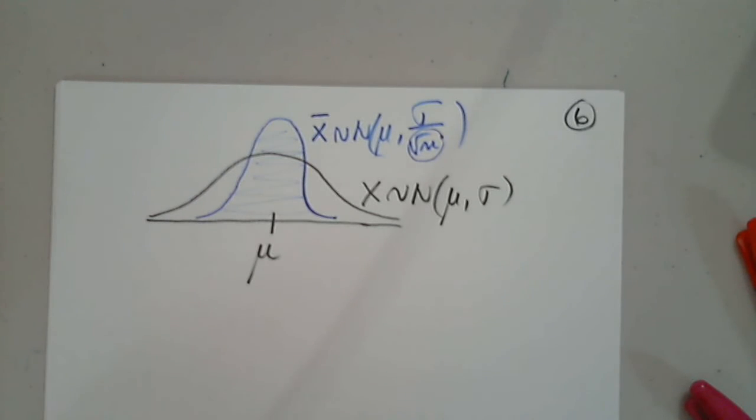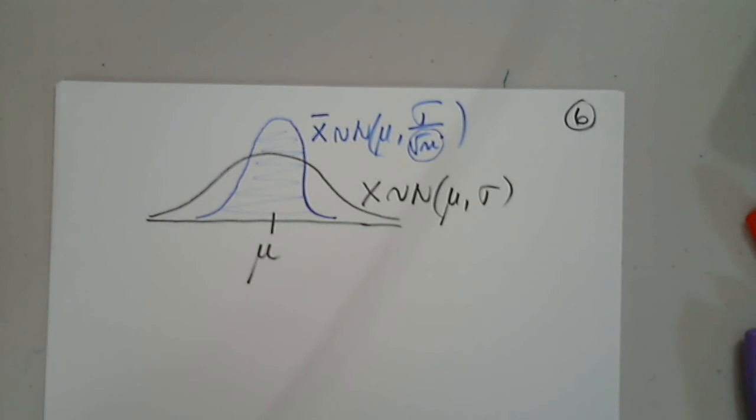Who would like to try this one? Reading or answering? Whatever you want. I'll answer. It's true. The distribution of the sample mean x bar will be normally distributed if the sample is obtained from a population that is normally distributed, regardless of the sample size.